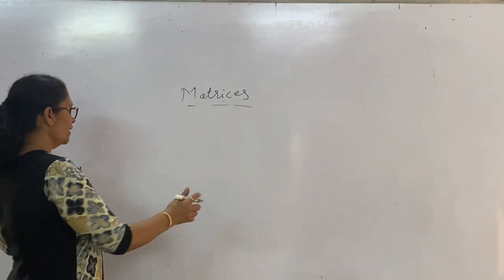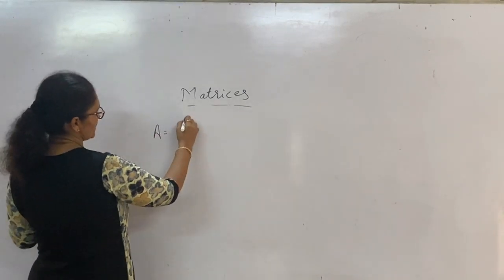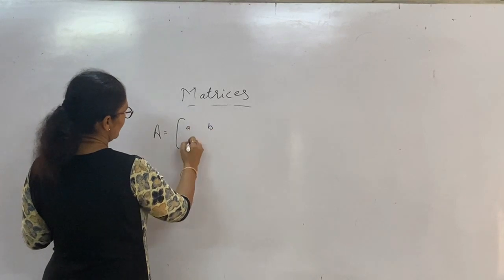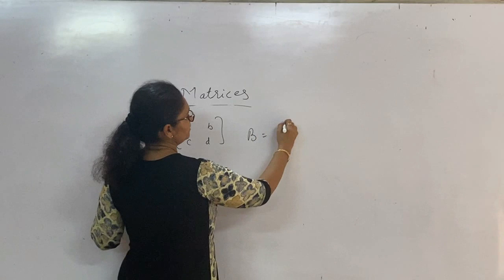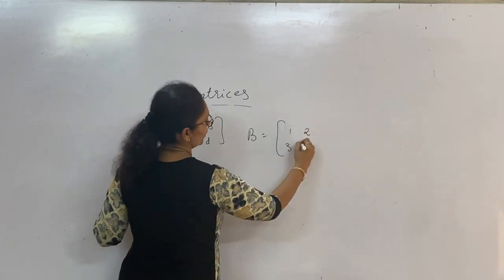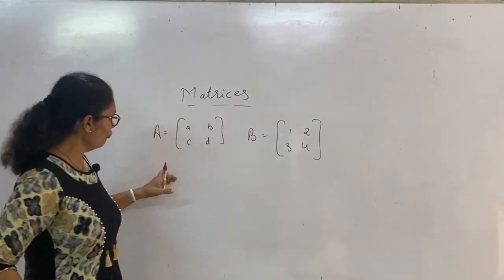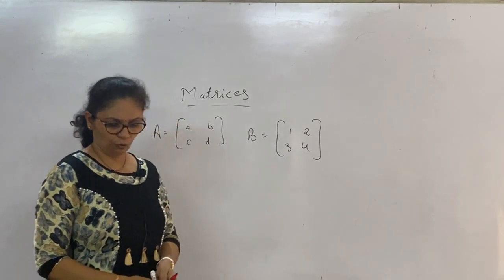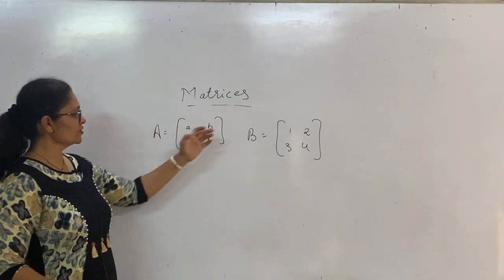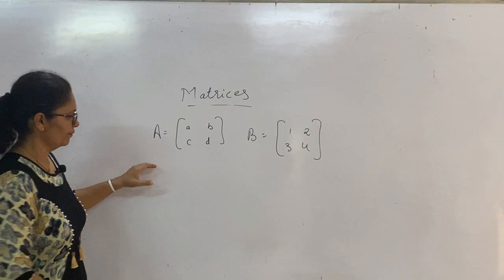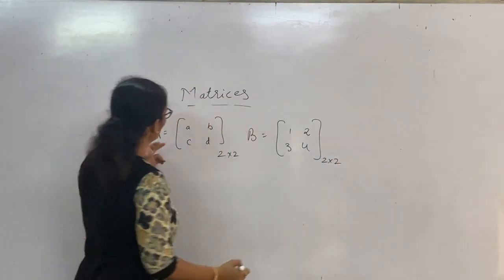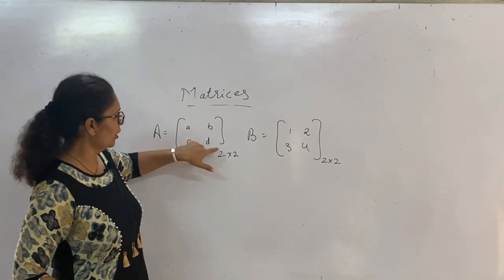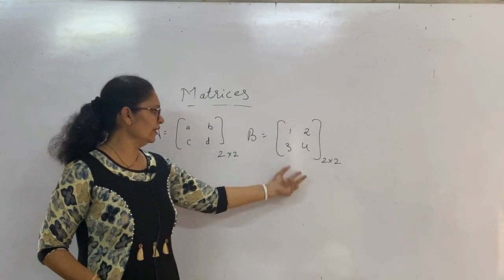Now suppose we have been given 2 matrices. One matrix is a, b, c, d. The other matrix given is 1, 2, 3, 4. Now if we want to consider the equality of 2 matrices, how can you say these 2 matrices are equal? If both are of the same order, meaning 2 rows and 2 columns here, and the same here, 2 rows and 2 columns.